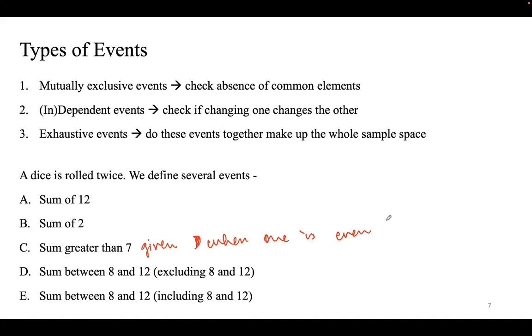Okay, I think I need a better example for this, for independent events. I'll think about it and tell you. But you get the gist, right? They're defined in such a way that when you change one, the other can change. The elements which are making up that event can change.